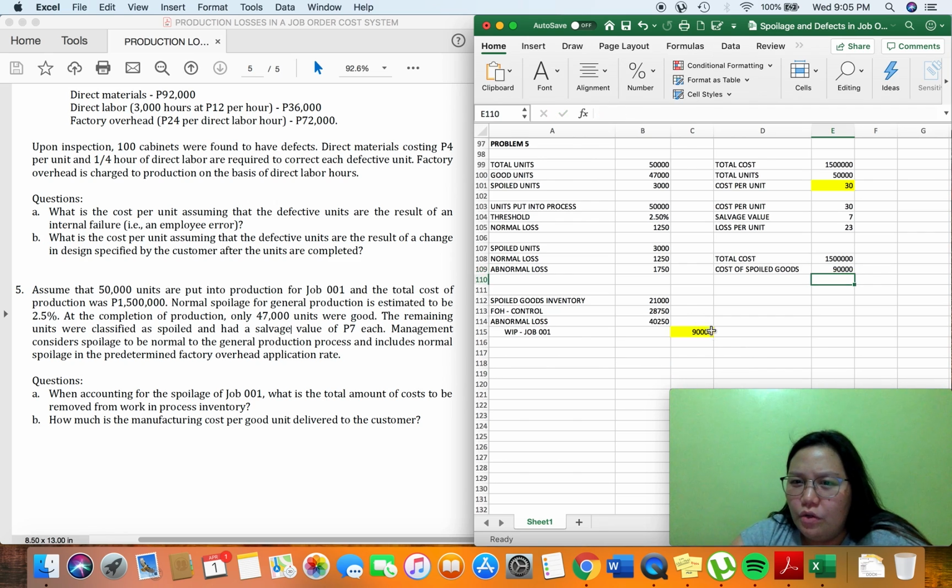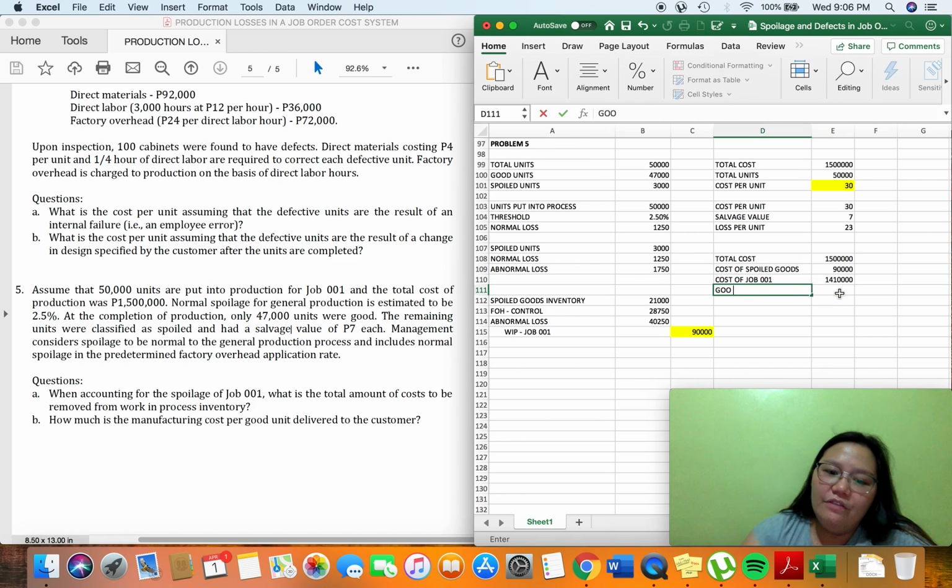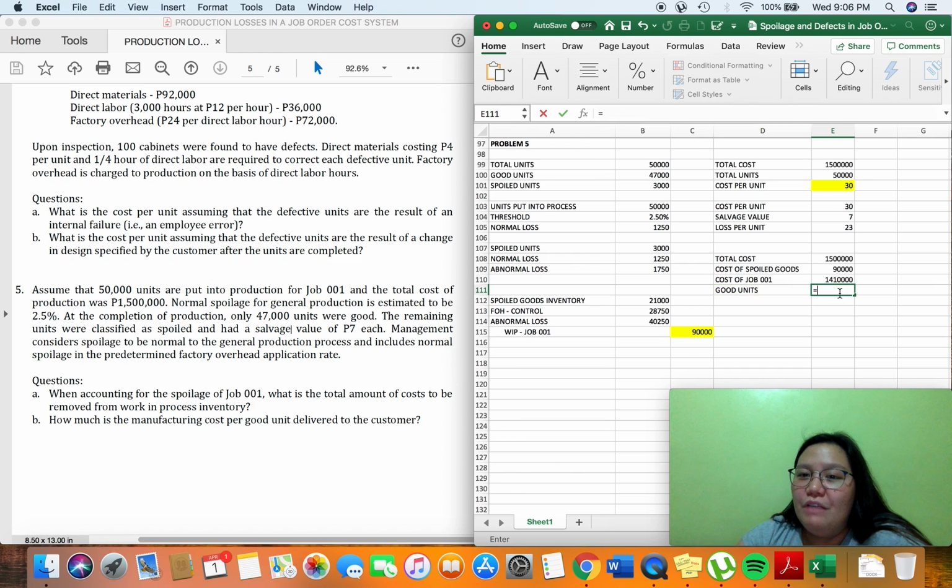Okay? So, cost of job 001. After removing the cost of the spoiled goods, we have 1,410,000. And then, syempre, we will divide this not by 50,000 units, but by 47,000 units na lang. Kasi yun na lang yung good units mo eh. Diba?